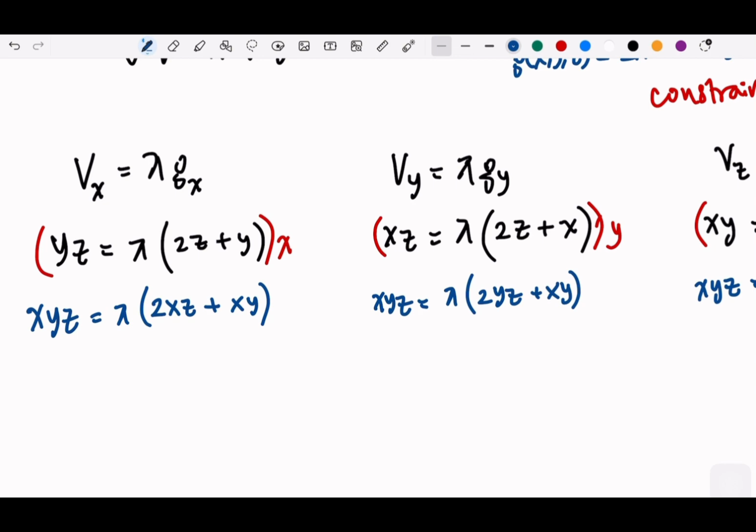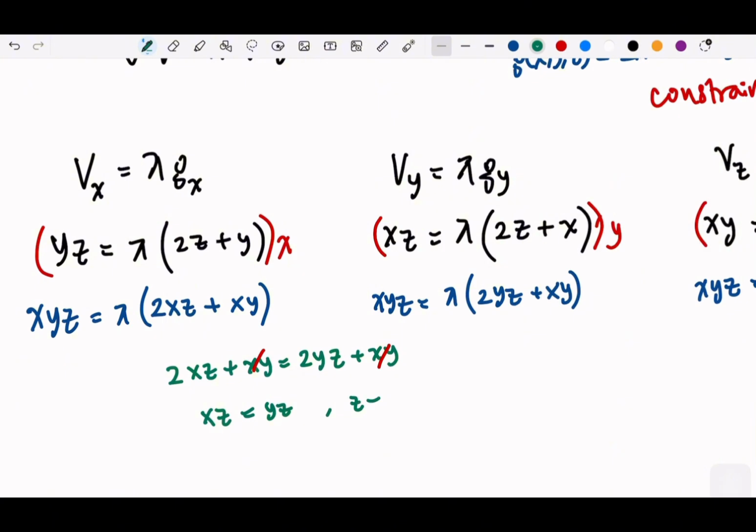Because of the same xyz, they are all the same, so we can solve the formulations and write, for example, 2xz plus xy is equal to yz plus xy, which gives you that this can be cancelled. This is xz equal yz.